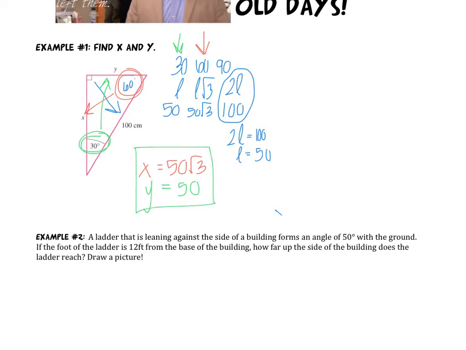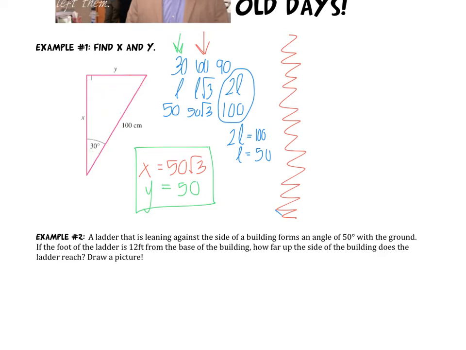Now that is just one way to solve this problem. If you like 30, 60, 90 triangles, if you remember this special formula L, L root 3, 2L, it's a fabulous way to go. Now if you don't remember that formula, or you're not as good with special right triangles, you can also use trig. So I'm going to do a little bit of erasing so that I can use the same picture.